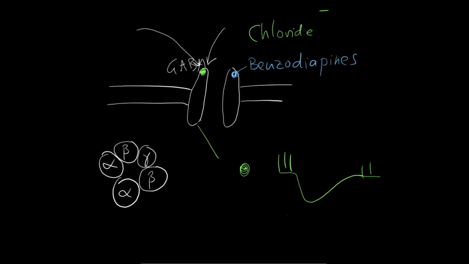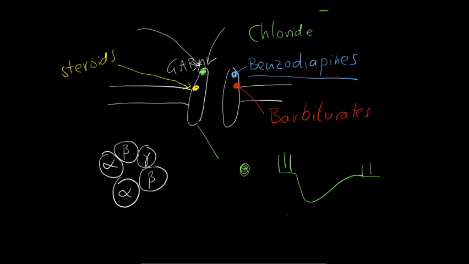They also have a binding site for barbiturates. They have a binding site for certain steroids and others. So they're actually quite a complicated molecule, and what we're going to look at now is how things like benzodiazepines affect the receptor.